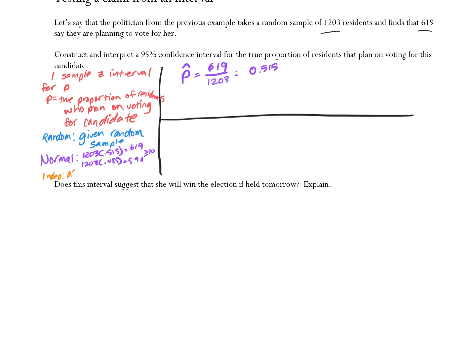Independent, we're going to assume 1203 is less than 10% of the population. Okay, I'll do that for now. I think that works.